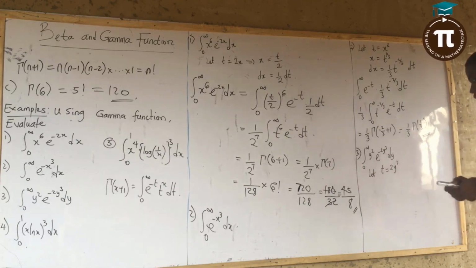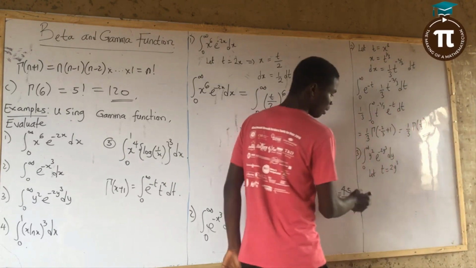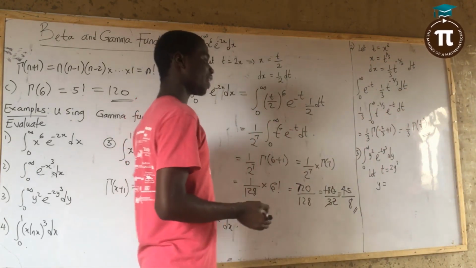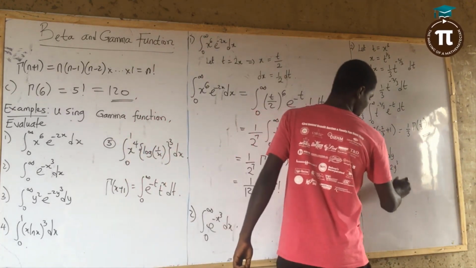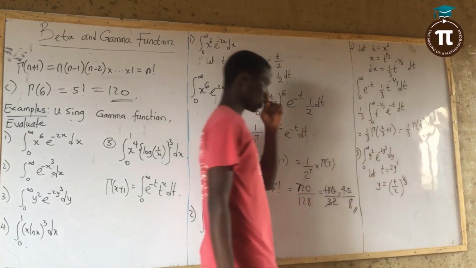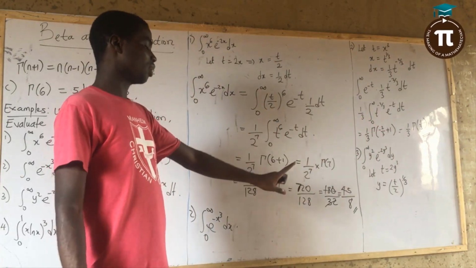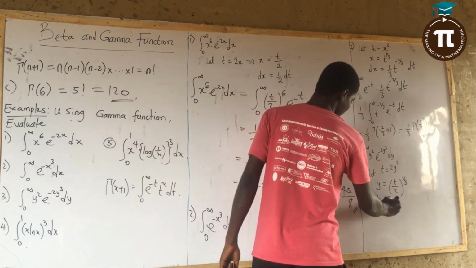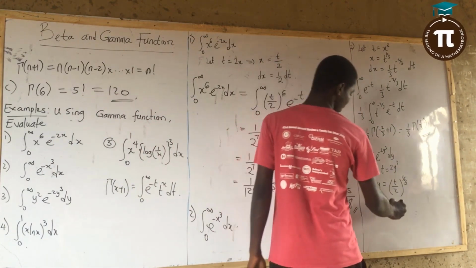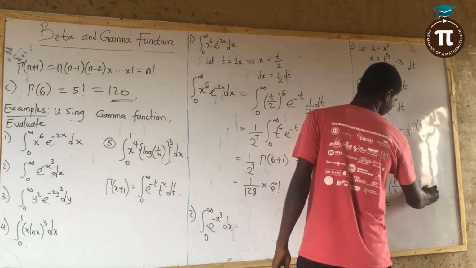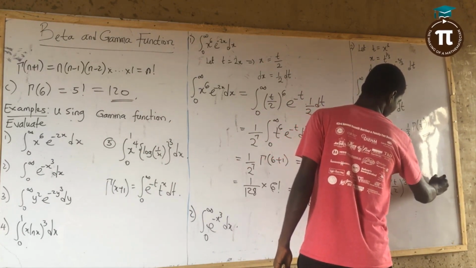If we make y the subject of the formula, y will be equal to t over 2 all raised to power 1 over 3. So this is what I have. This is the same thing as 1 over 2 raised to power 1 over 3 t raised to power 1 over 3.